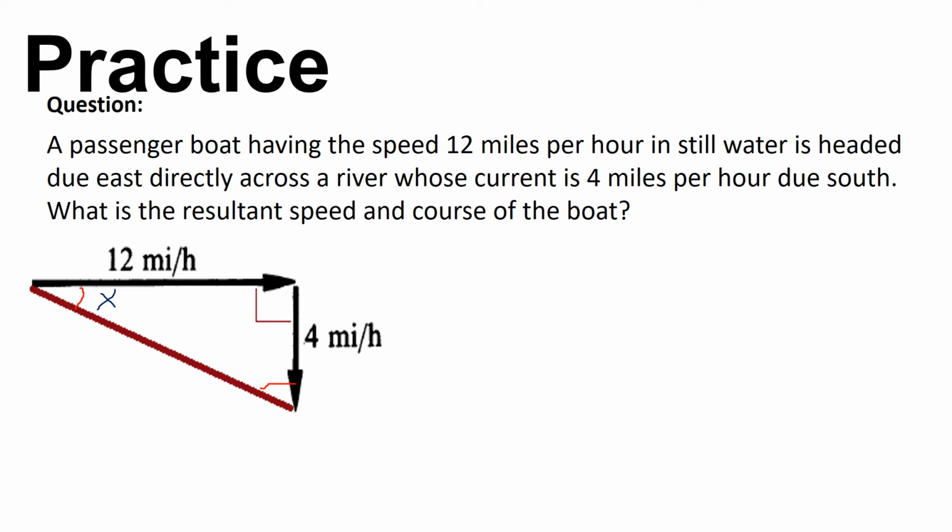Since we are given, with respect to angle x, an opposite side and an adjacent side, when choosing whether to use sine, cosine, or tangent, which of those three has an opposite side and an adjacent side?